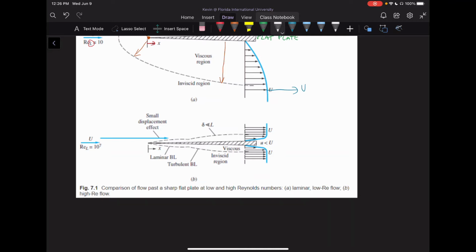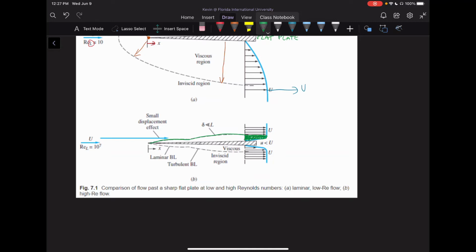We initially have a laminar boundary layer that forms, and then eventually we have a turbulent boundary layer that continues to form. And we can see that our actual viscous region is very, very small, and we reach our terminal velocity very, very fast away from the plate.